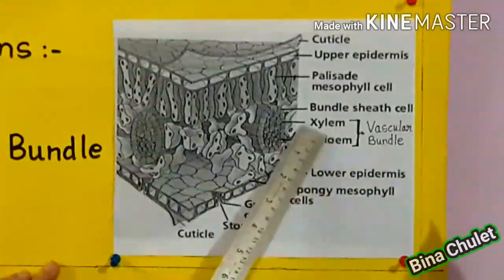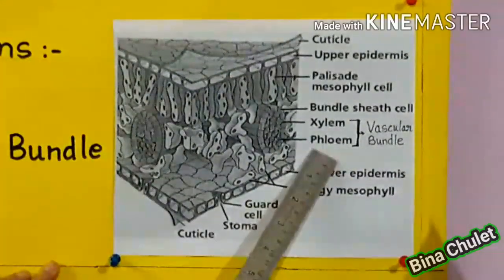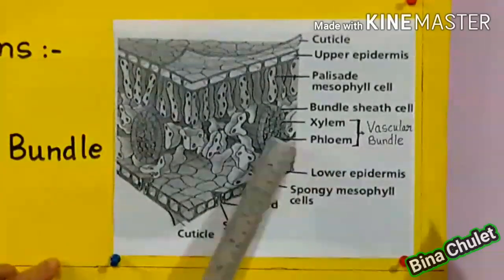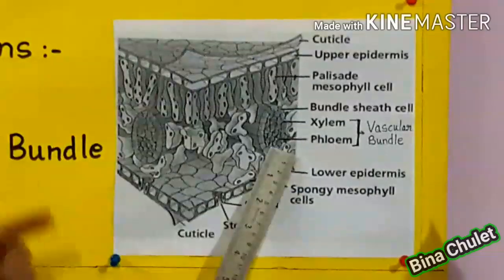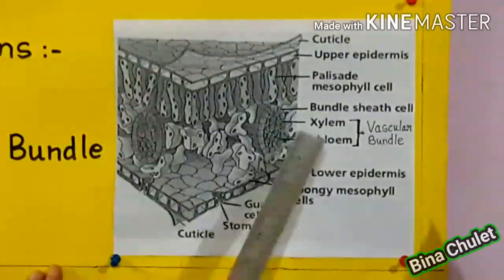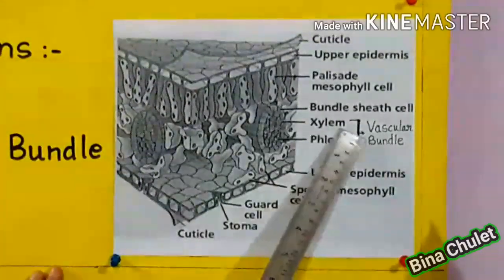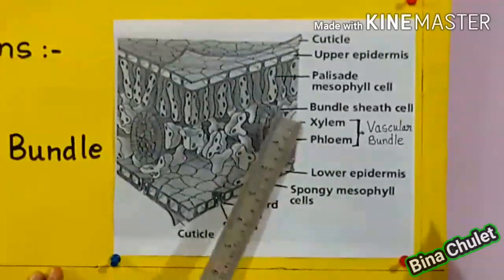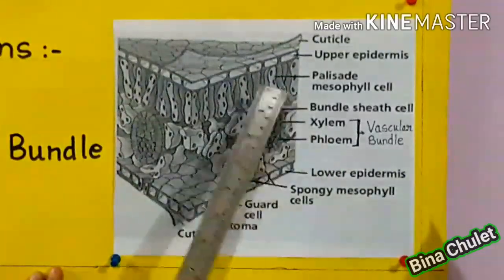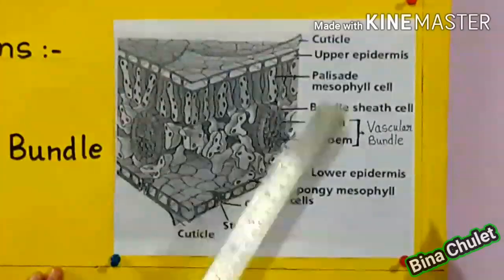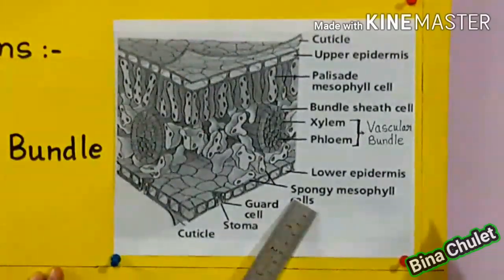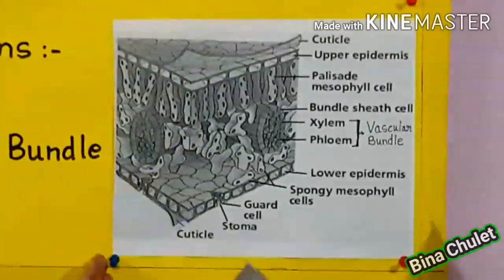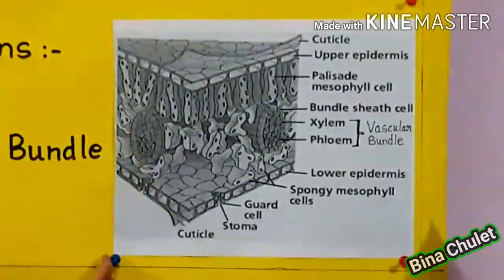Now here what you see is the xylem and the phloem. So these xylem and phloem are coming from where? The midrib, then the veins, then the veinlets. Okay, and the xylem is bringing water. This water from the xylem will reach the chloroplast of both the palisade as well as the spongy mesophyll, where the process of photosynthesis will take place.